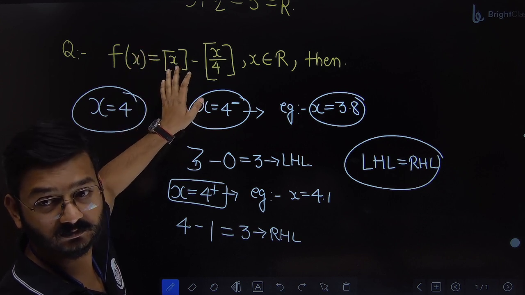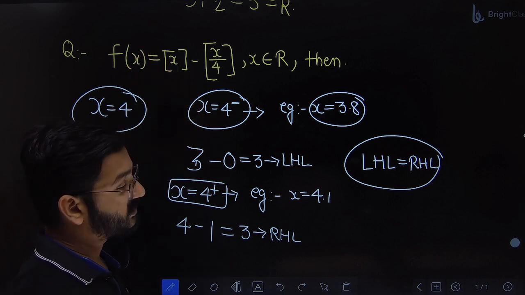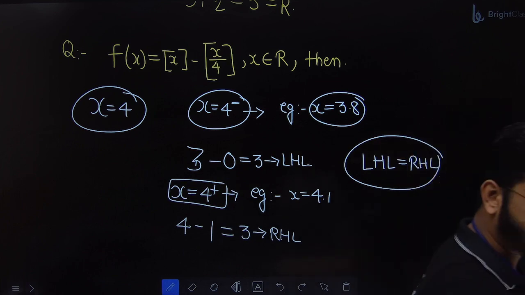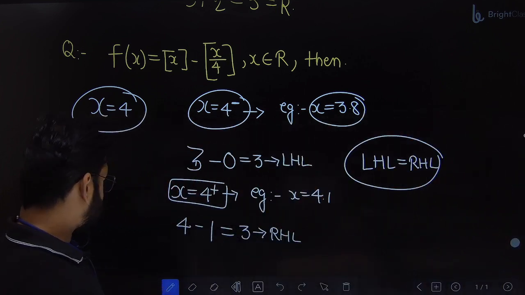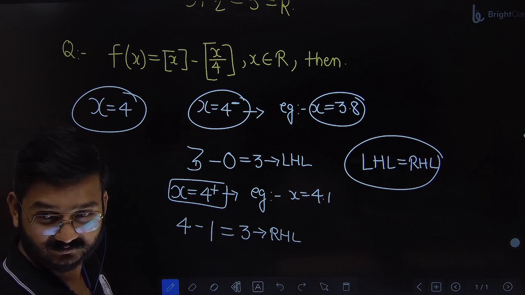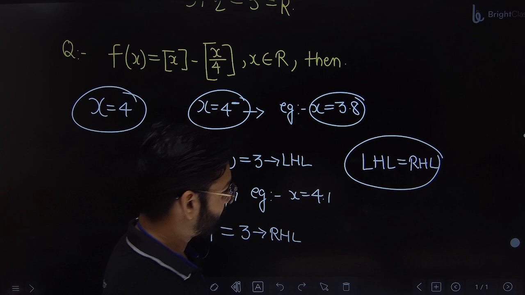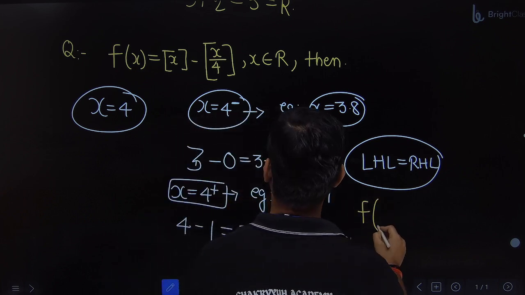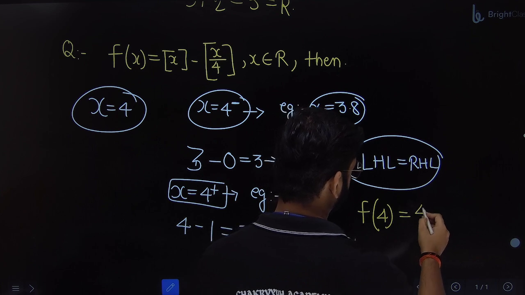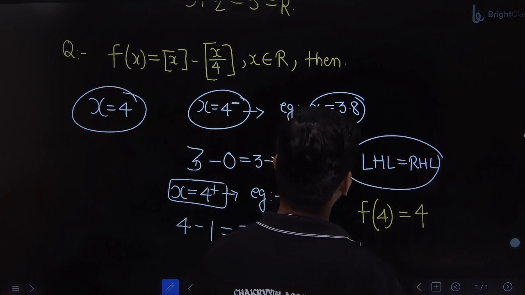Okay, now for checking continuity, we will find the value of the function. What is the value of the function? f of 4: what is the greatest integer of 4? 4. 4 by 4 is 1.